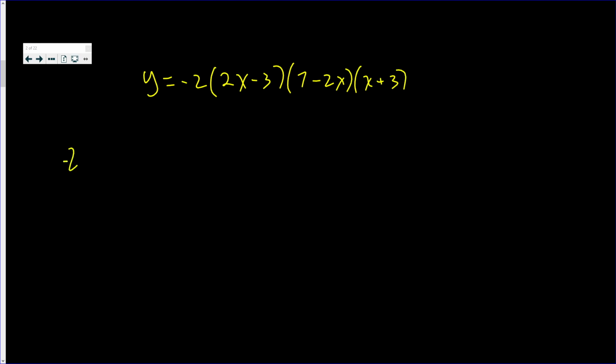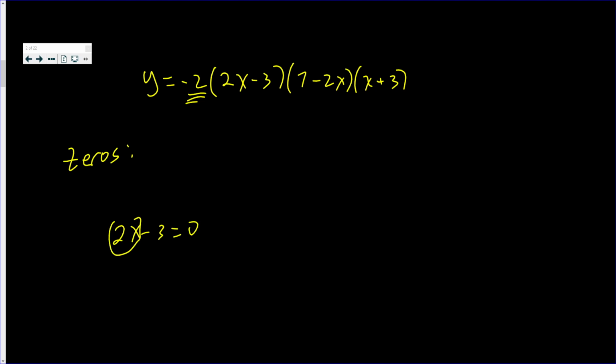Let us try to draw some more. Y is equal to negative 2 times 2x minus 3 times 7 minus 2x times x plus 3. Let us find the zeros. This is never 0. 2x minus 3 is 0.